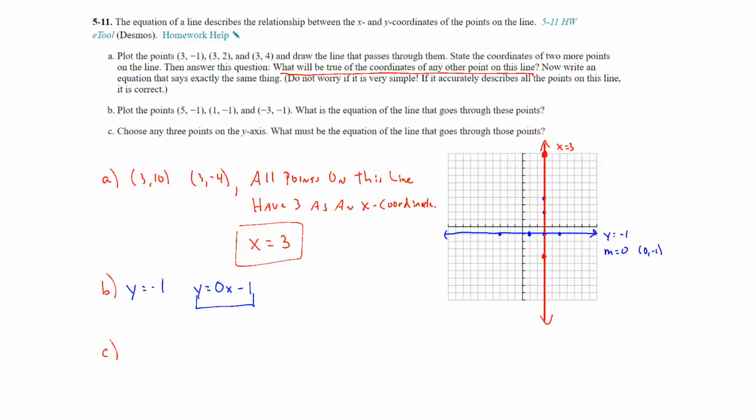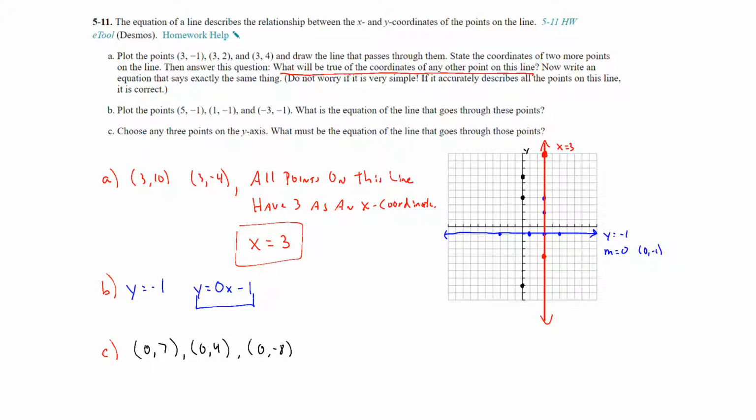Now C, choose any 3 points on the y-axis. What must be the equation of the line that goes through those points? So we're going to pick 3 points on the y-axis. So here's the y-axis, so pick any 3 points. So I chose (0, 7), (0, 4), and (0, -8).